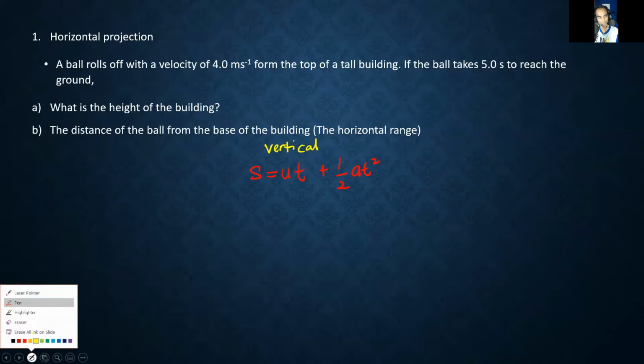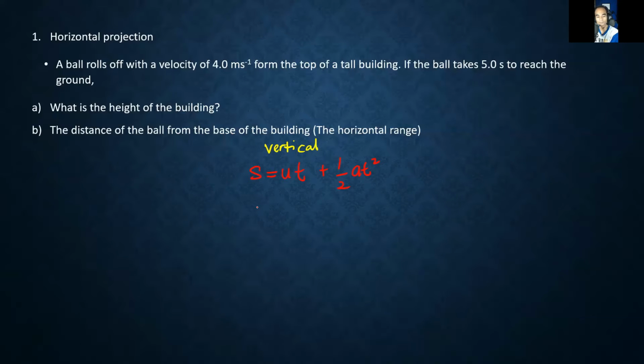Okay, S, then continue. S equals to 0 plus 1 over 2 times 9.81 times 5 square.